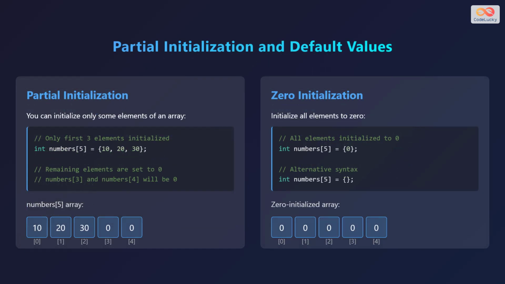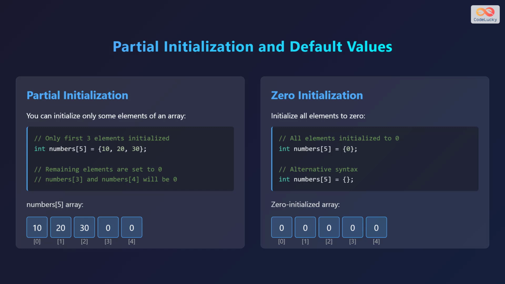In C, you are allowed to initialize only some elements of an array. If you initialize only a few elements, the remaining elements are automatically initialized to 0. For example, if you declare an integer array numbers of size 5 and initialize only the first 3 elements with 10, 20, and 30, the remaining 2 elements, numbers at index 3 and numbers at index 4, will be initialized to 0.